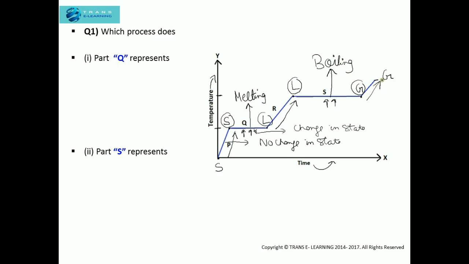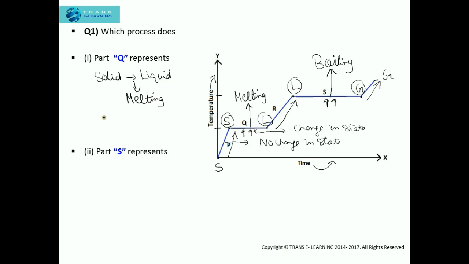So now let us answer these two questions. Part Q represents, as mentioned here, that in part Q the solid is changing into liquid, and this represents the process of melting.